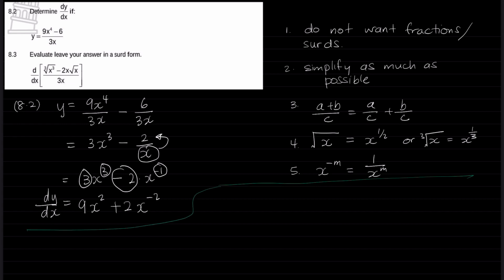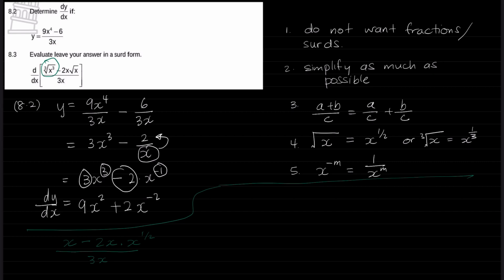The cube root of x to the power of 3 is simply x. So x minus 2x, and then x times the square root of x is x to the power of half, so multiplied by x to the power of half. And then that's divided by 3x. So we've gotten rid of our surds.